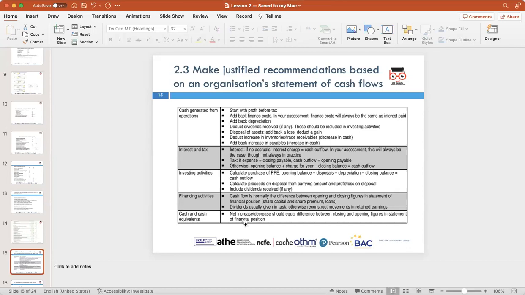It is a roadmap that helps guide a business towards better financial decisions. By analyzing the statements and making informed recommendations, you can help the organization navigate financial challenges, seize opportunities, and ensure their long-term success.